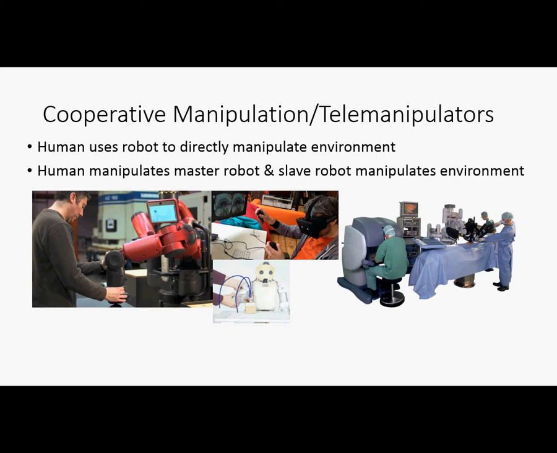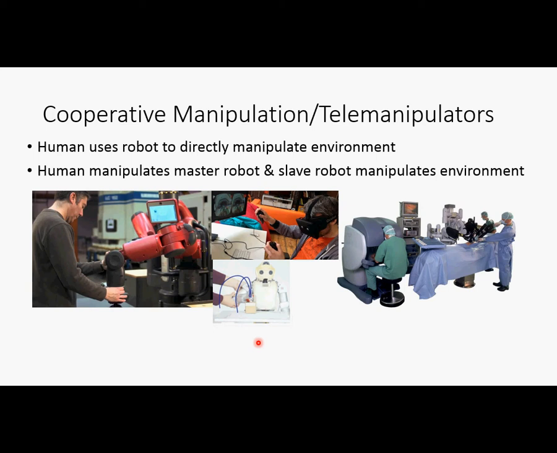The other type is telemanipulators, and that's at least what I think is the traditional type of haptic interface. What you can see here in the center is a guy using the Razer Hydra and the Oculus Rift to essentially play robot simulator or surgeon simulator, which could be used on a real robot.